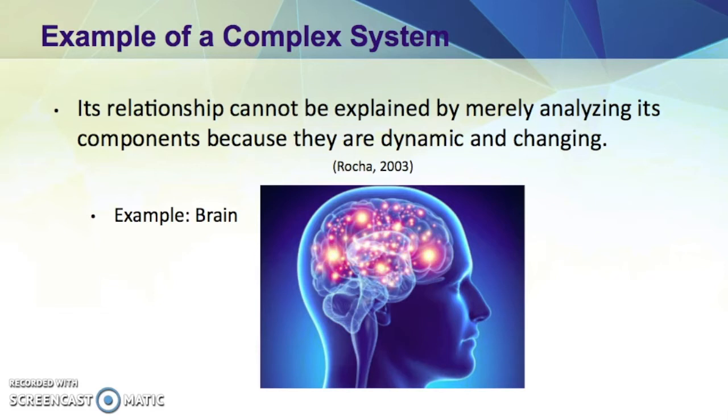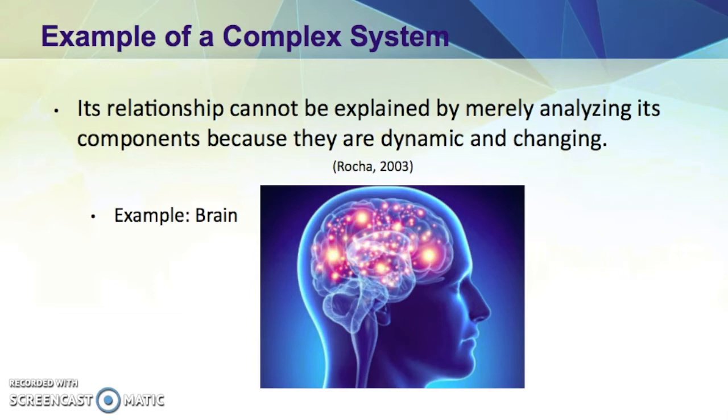A system is complex if its relationships cannot be explained fully by merely analyzing its components because they are dynamic and changing, like the brain. It's an example of a complex system.